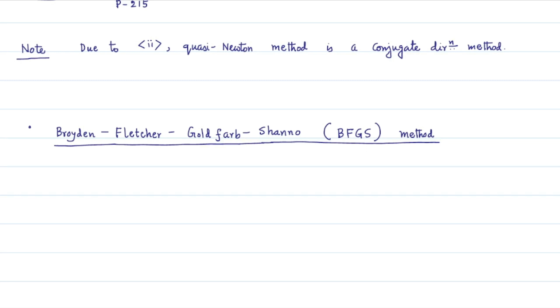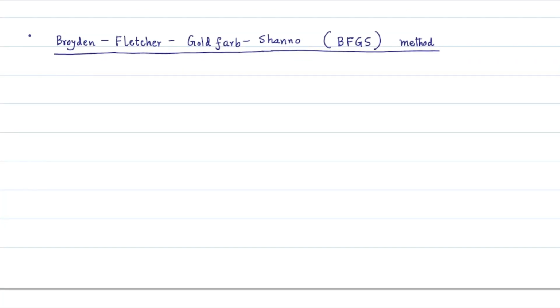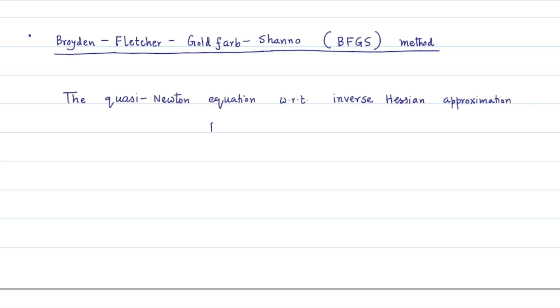The idea in the BFGS method in computing an approximation of the inverse of the Hessian is as follows. We notice that the quasi-Newton equation with respect to an inverse Hessian approximation is given by Bk plus 1 yk is equal to sk.